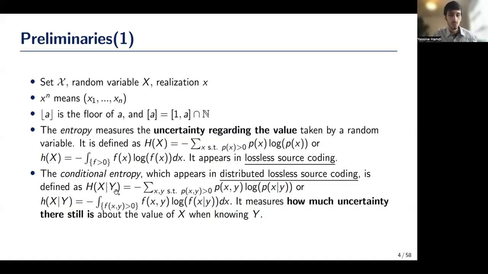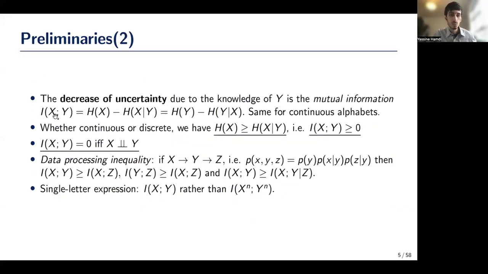There is a conditional version of entropy. This is not going to appear much today, but it is useful to define the next quantity, mutual information, which will be very central. It has this kind of interpretation: the mutual information between X and Y is the decrease of uncertainty we have about X due to the knowledge of Y. We don't know the exact realization of X, it's a random variable.